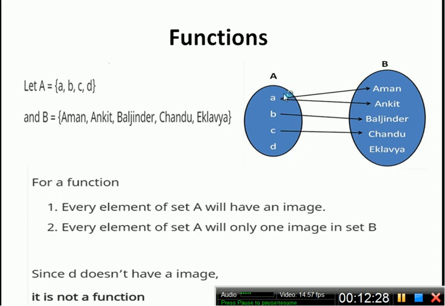Look here, set A has 4 elements, A, B, C, D. A is having an image, B is having an image, C is having an image, but D is not having an image.